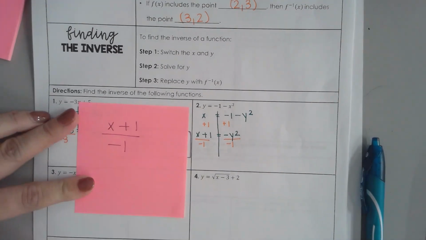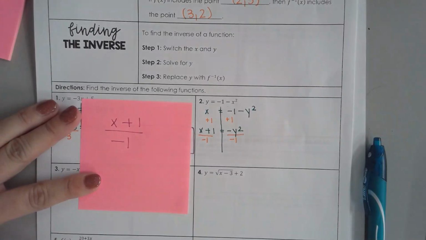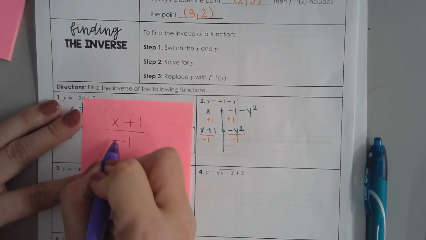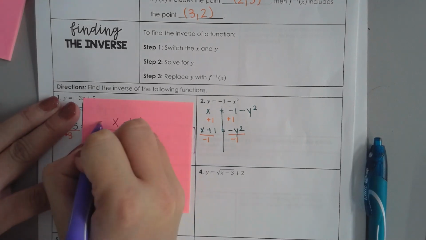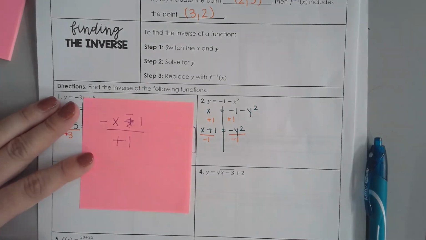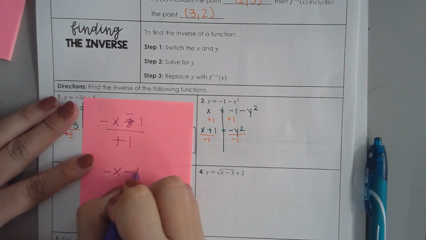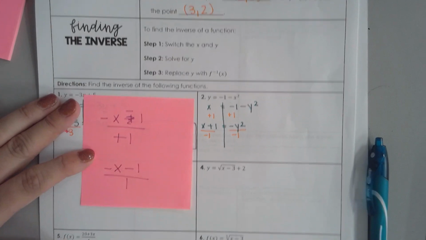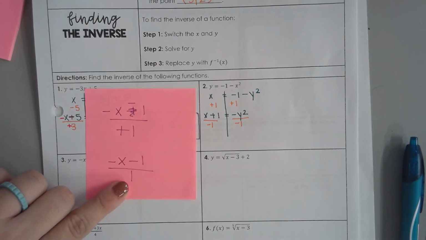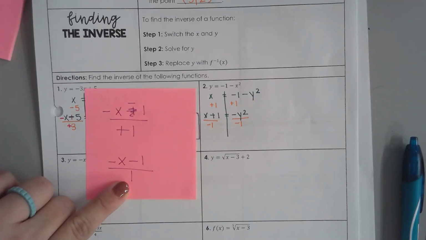Alright. Like I just said, we don't want to leave a negative in the denominator. So I can make this a positive, make that a negative. That turns into a negative. So this is negative x minus 1 over 1. Do you ever see a positive 1 just left in the denominator?